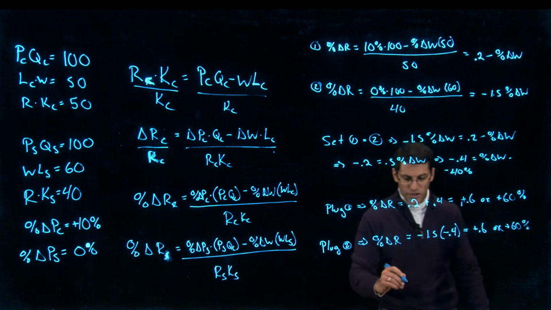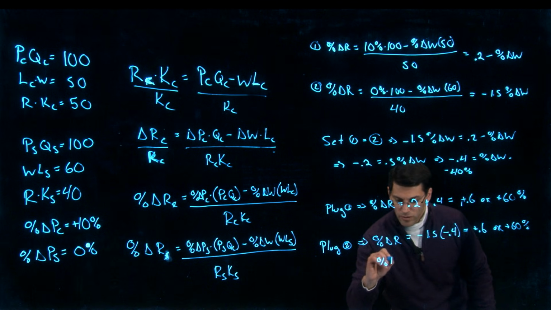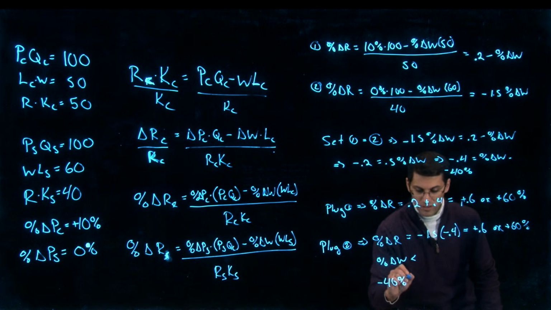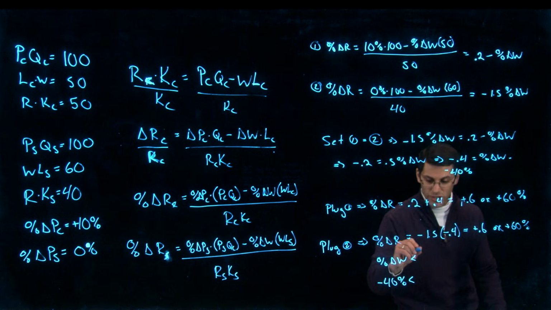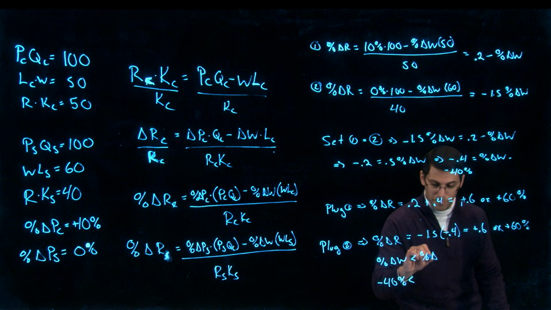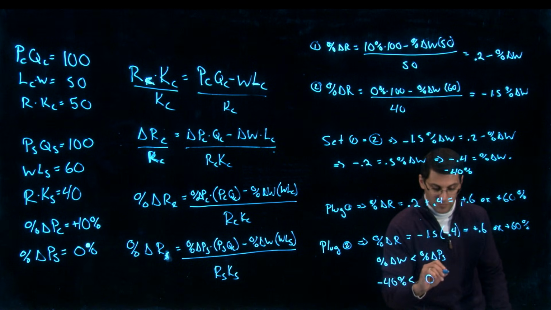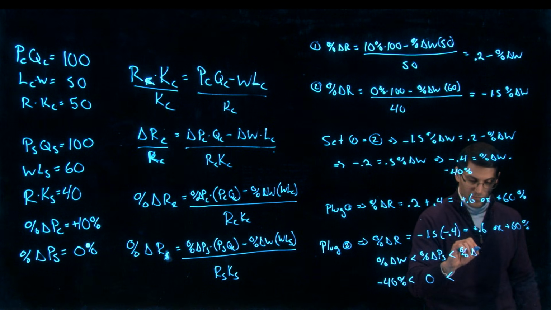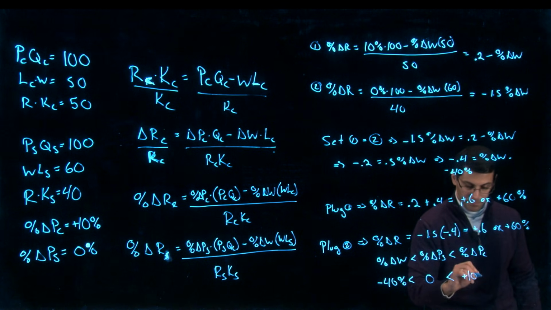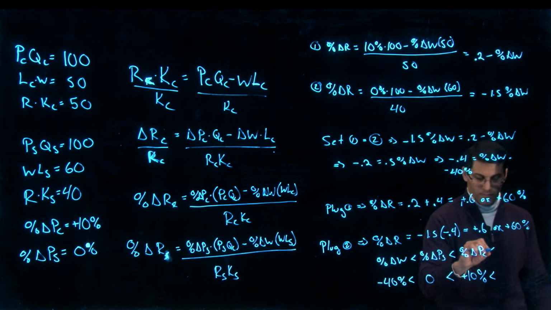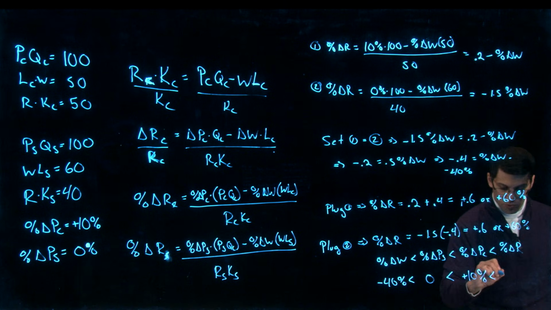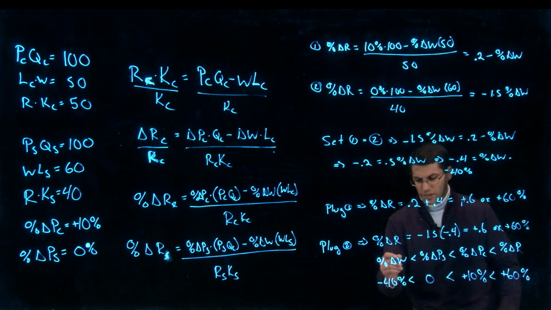So when you look at this, the percent change in the wage rate, which was minus 40%, is less than the change in the price of shoes, which was 0, which is less than the change in the price of computers, which was plus 10%. And then lastly here, the percentage change in the rental rate, which was plus 60%.